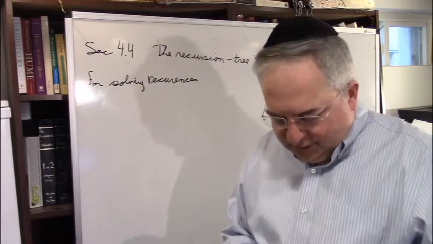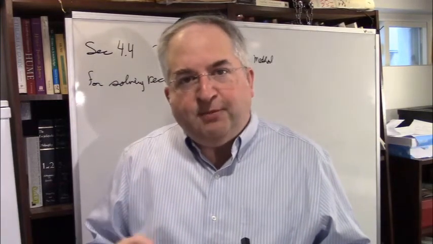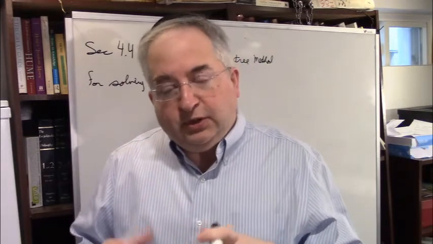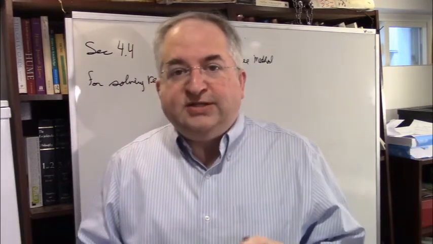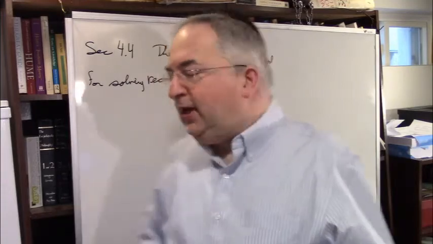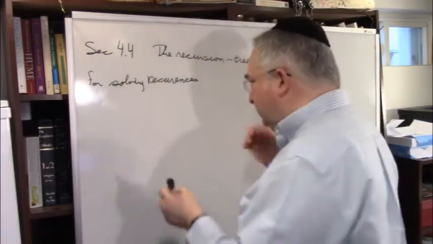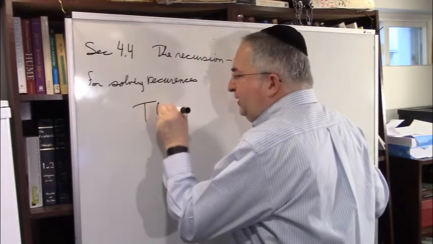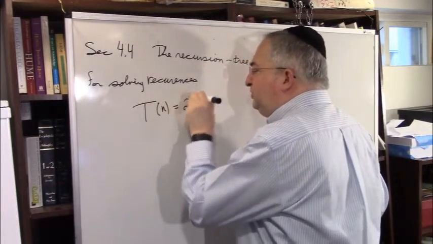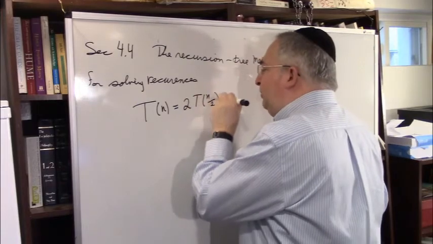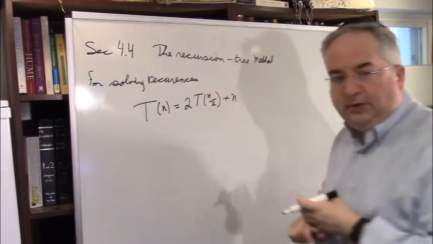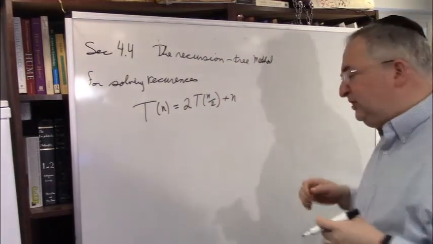Well, you can look at recursion as a type of programming, and what it does is it makes a tree. For example, let's talk about merge sort. We sort it as follows: T of n is equal to 2 times T of n over 2 plus n.